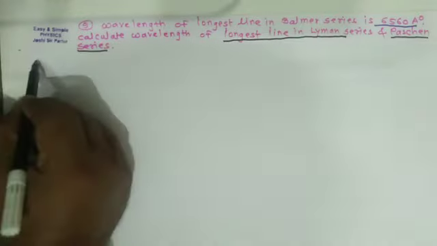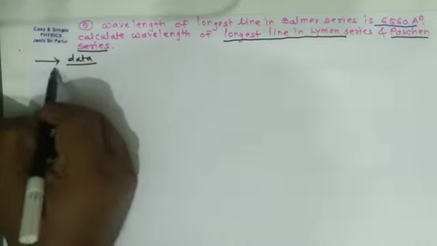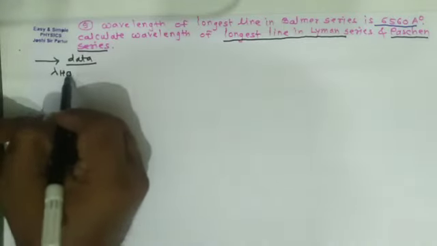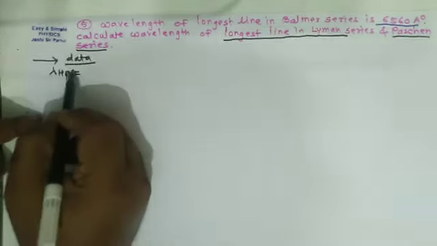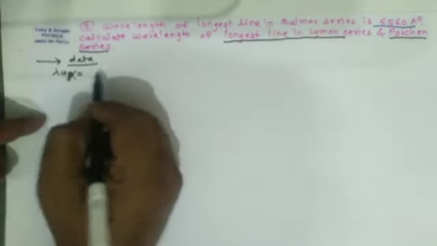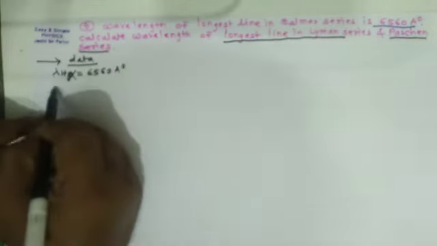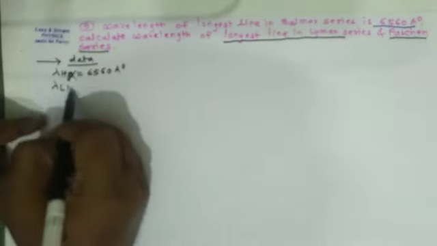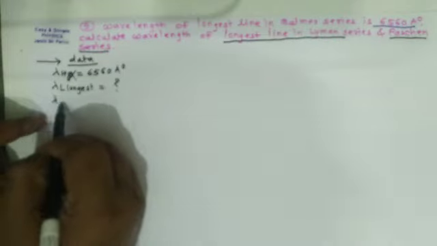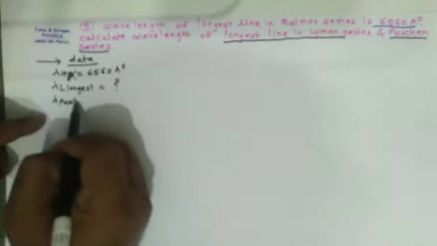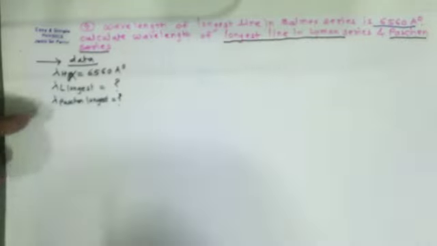See here, we can write the data. First of all, lambda H beta is equal to... longest wavelength means lambda H alpha is equal to 6560 angstrom unit, and we can find lambda Lyman longest, question mark, and lambda Paschen longest, question mark.